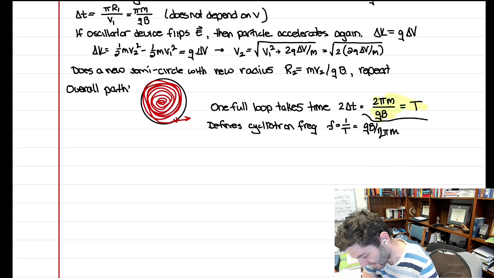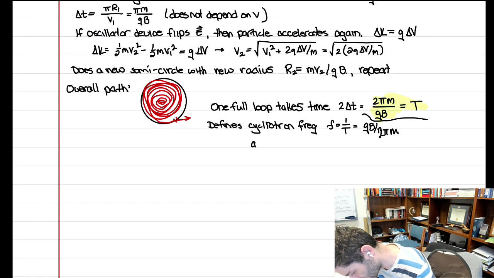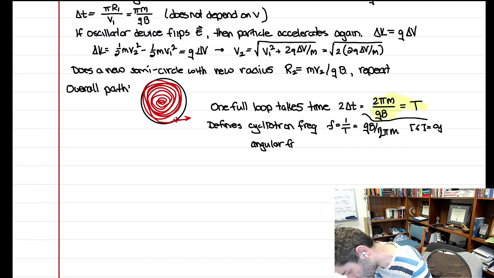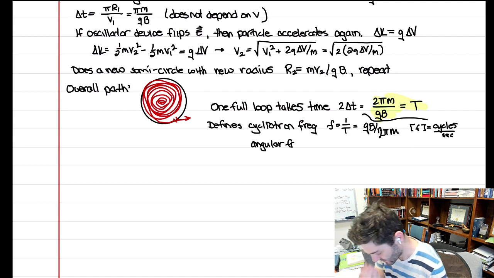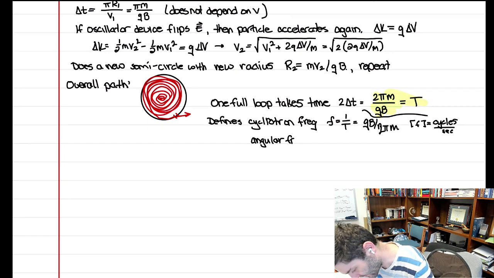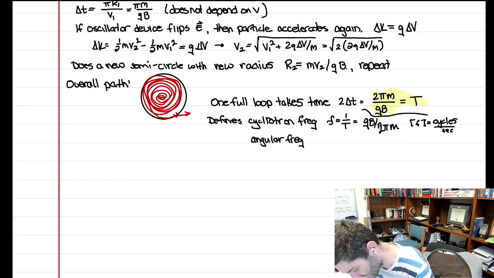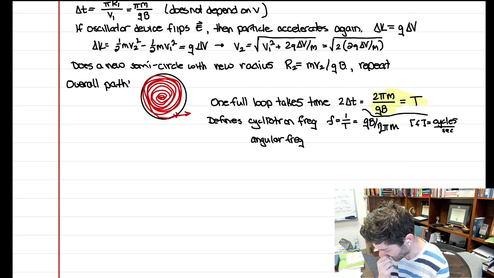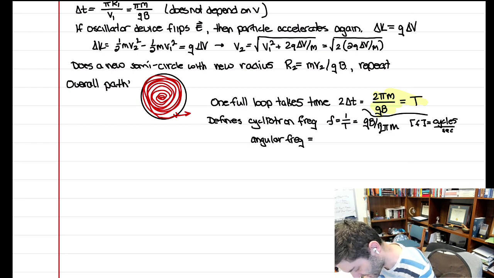Or sometimes angular frequencies are useful if you want to talk about, because cyclotron frequency you can think of as cycles per second or whatever time unit you're using. Angular frequency, if it's completing a circle, that's 2 pi radians. So you might want to think of it as how many radians per second.